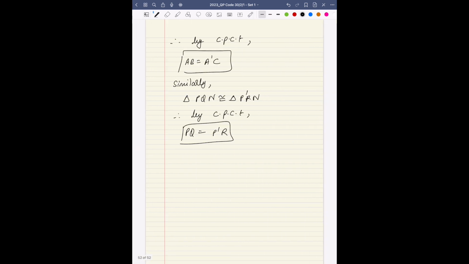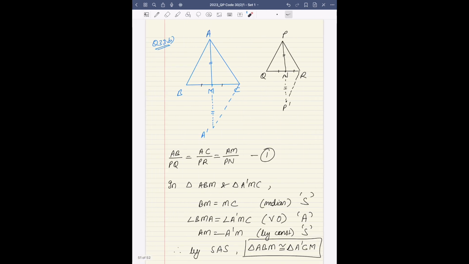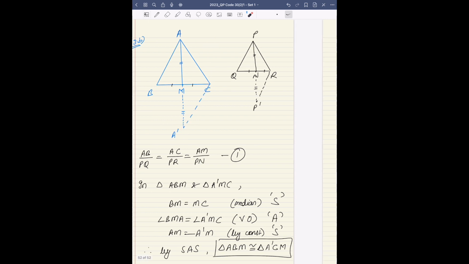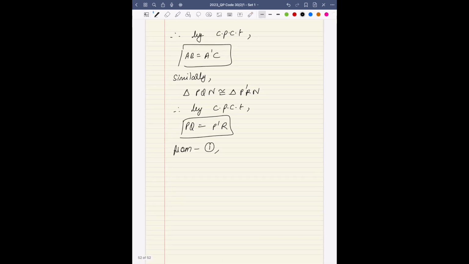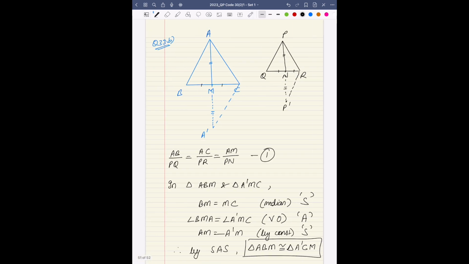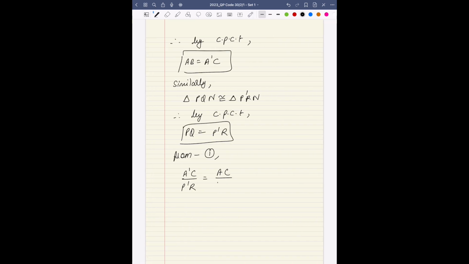Now, from equation 1, we will replace these values. In case of AB and PQ, we will write, so AB is what? AB is A dash C. So A dash C divided by not PQ but P dash R is equal to AC divided by PR is equal to the same thing, AM upon PN.